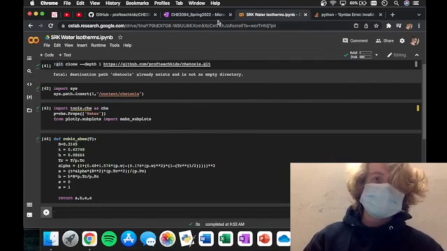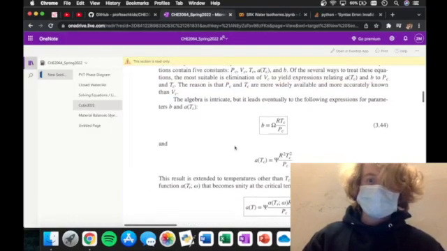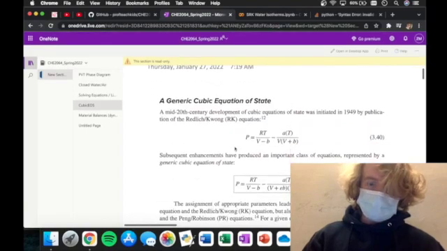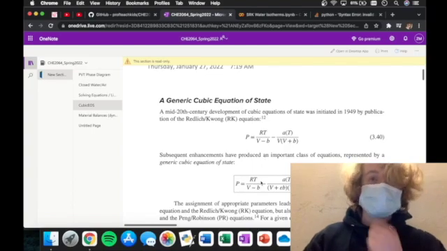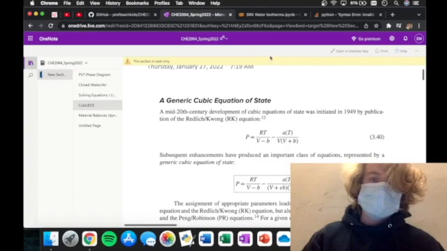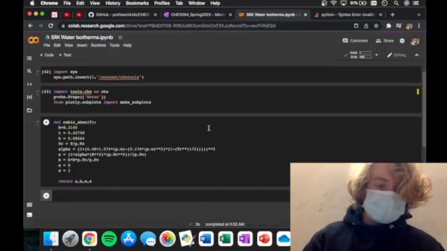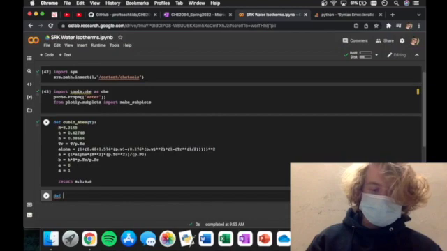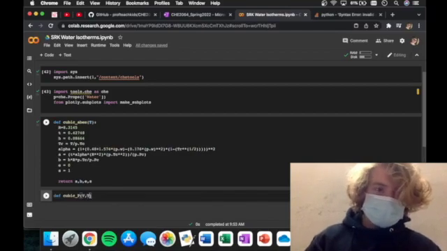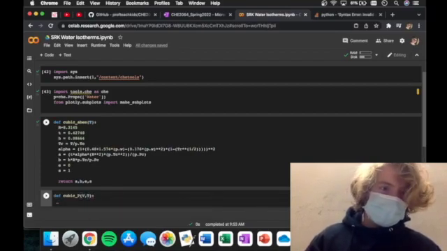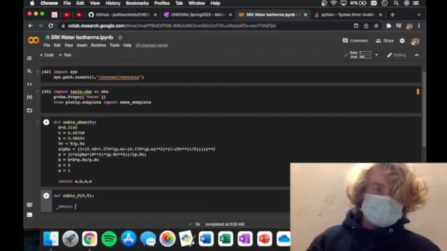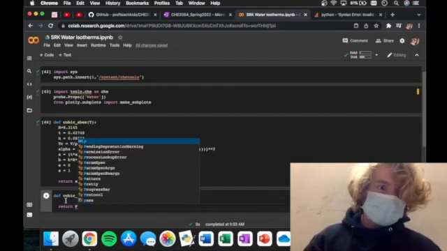Alright, so basically the second function is we're just going to be inputting this equation right here. We're going to be getting our p-value back while supplying the volume and the temperature into it, and it's going to give us our pressure back. So we'll call this cubic pressure, and we will supply V and T to this function. We're going to want this to return our pressure at the very end of it.